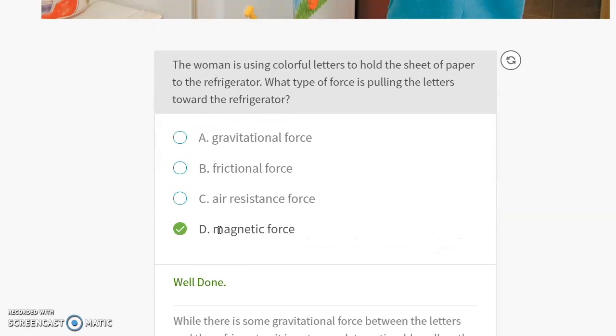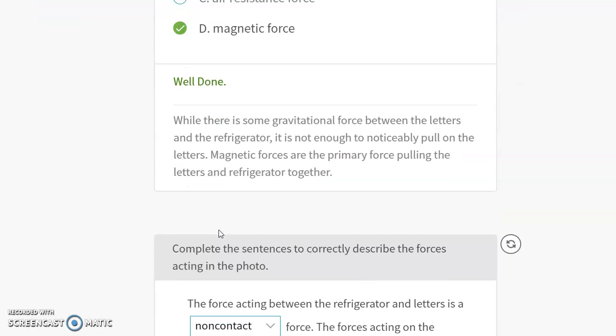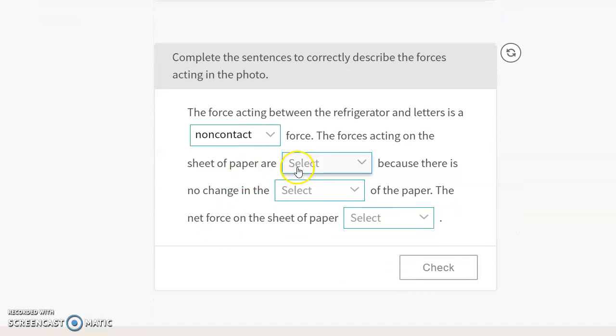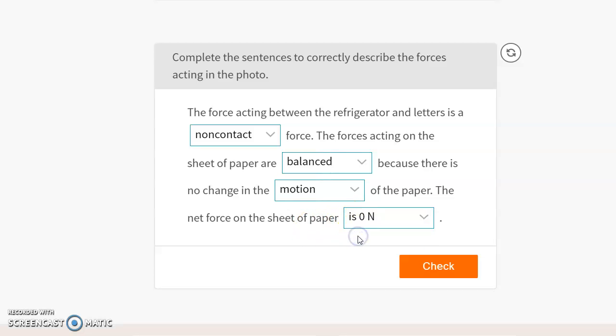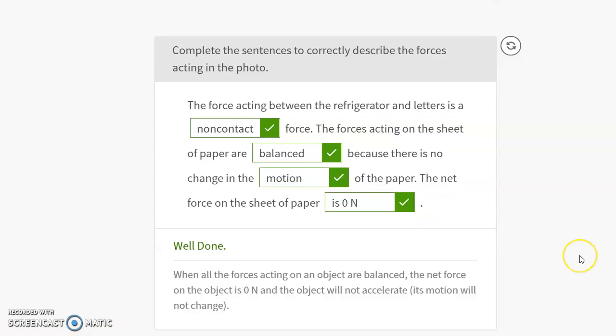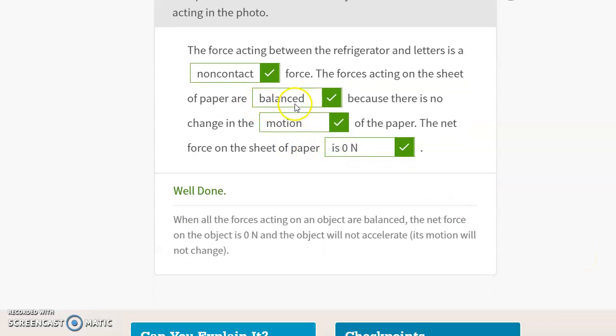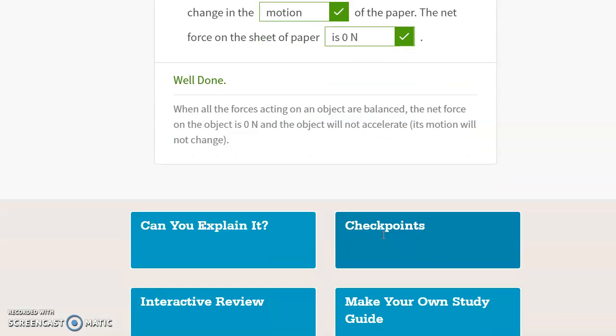If you'll believe that, magnets don't always touch. It's very interesting. The forces acting on the paper are balanced because there's no change in the motion of the paper. The net force has to be 0 because it's not moving. It's non-contact, balanced, motion, and 0.